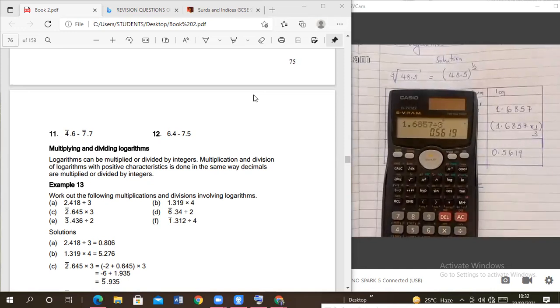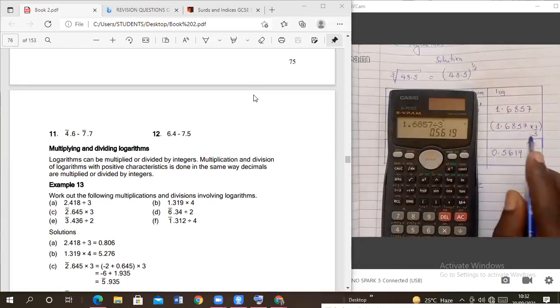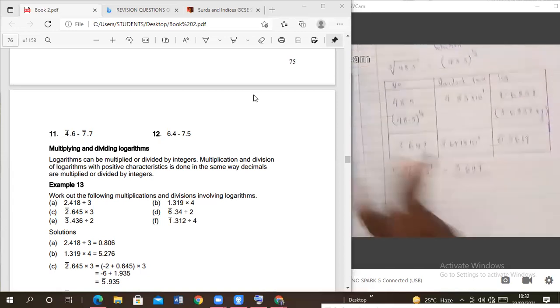But if the characteristic is positive, like here, you divide it directly. You just divide 1.6857 by 3, which gives you this. There is a difference in how we handle a negative characteristic and a positive characteristic. That's why we say pay attention and be very careful with a negative characteristic.